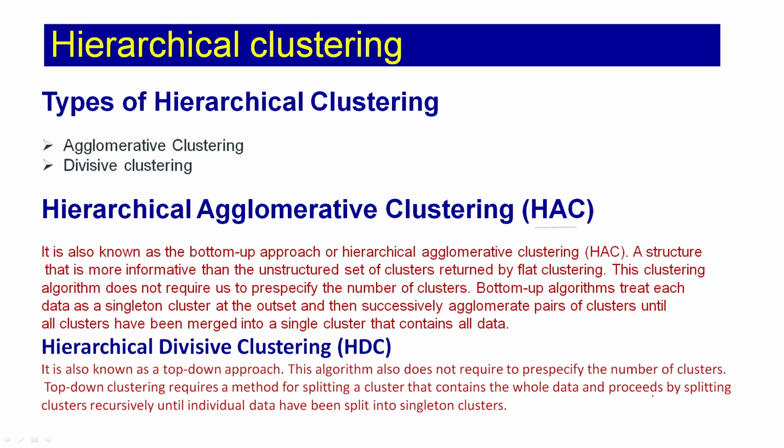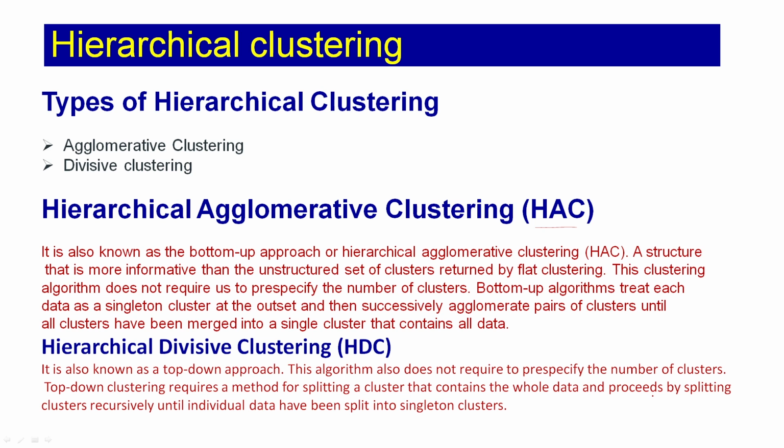Agglomerative is bottom up, divisive is a top down approach, like the nanomaterial synthesis we talked about, right. If you go back to the synthesis of nanomaterials, either it can be top down, you can take a piece of chalk and break it down into small pieces till you achieve nanoparticles, or you can start with the atom and build up structures, that is called a bottom up approach. So, this is what is done.